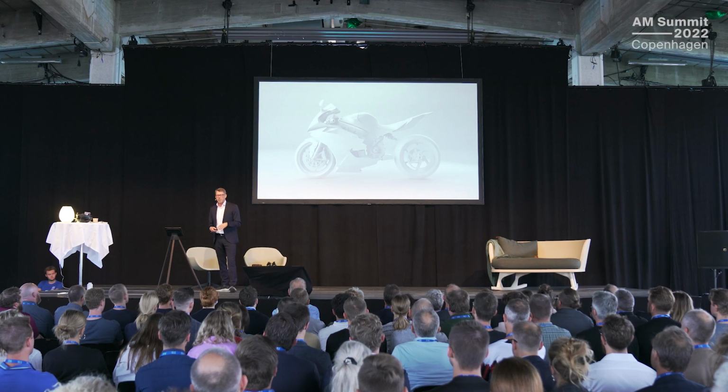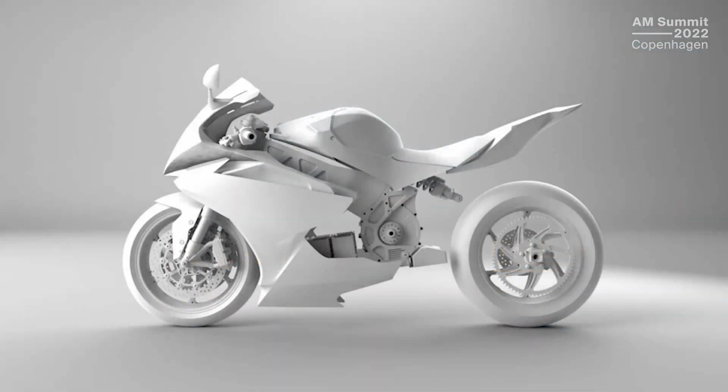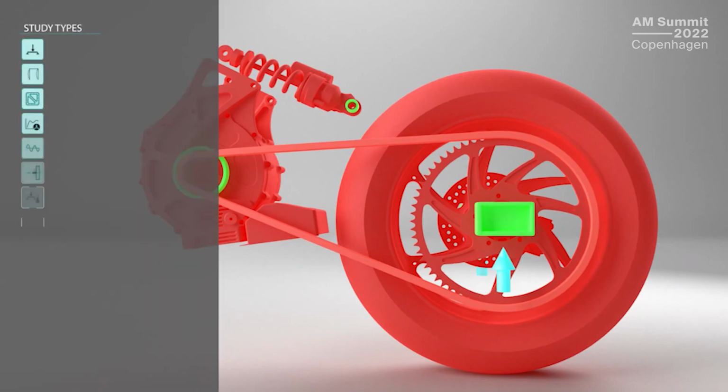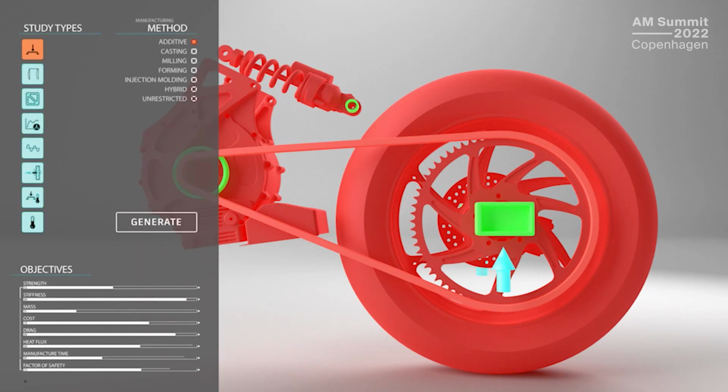Let me show you another example from the motorcycle industry. They decided that the whole part that takes care of the rear wheel, they wanted it to reach a new construction. Here, there are different parameters like strength and stiffness and mass and cost, and that's fed into the algorithm that then starts producing a lot of different examples of things that would actually work, ending up with thousands of different examples.